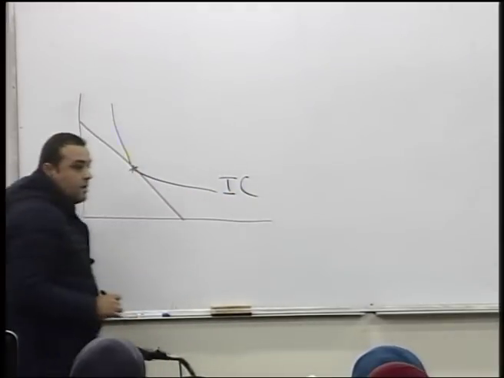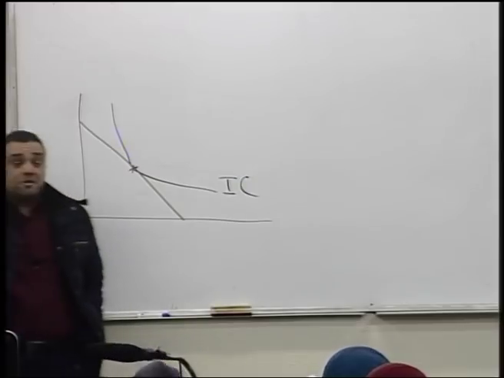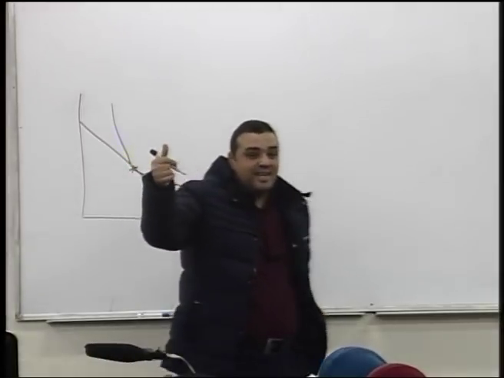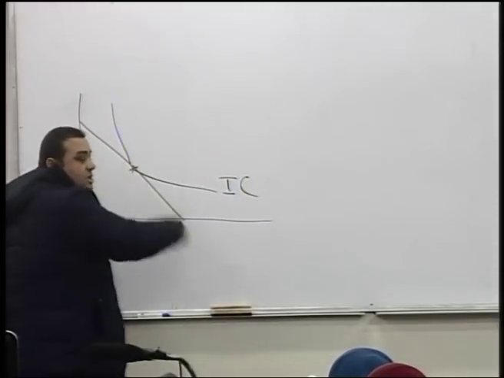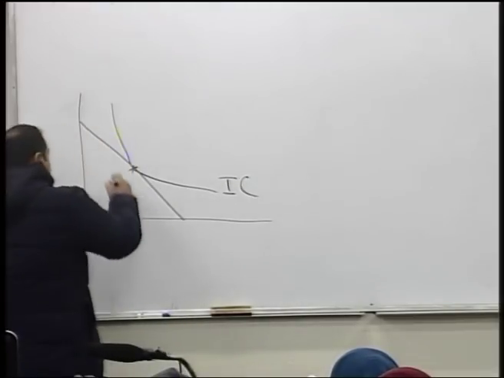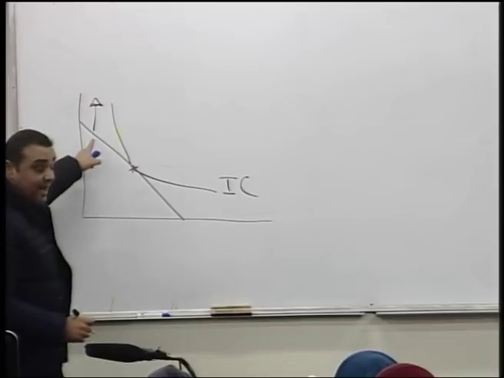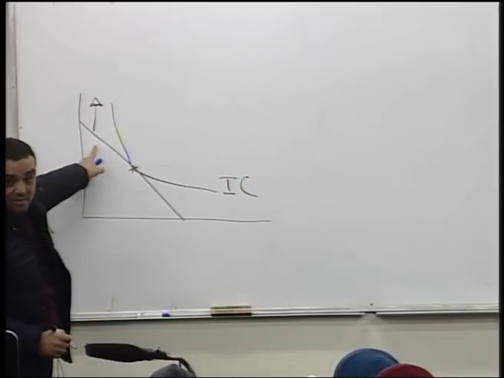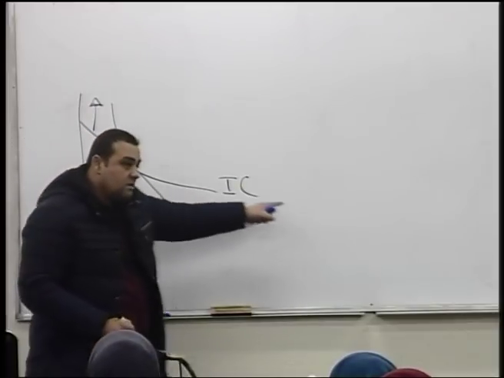Right? For the producer, there is also an indifference curve and a budget line, but we will call them the isocost line and the isoquant curve; iso means equal.